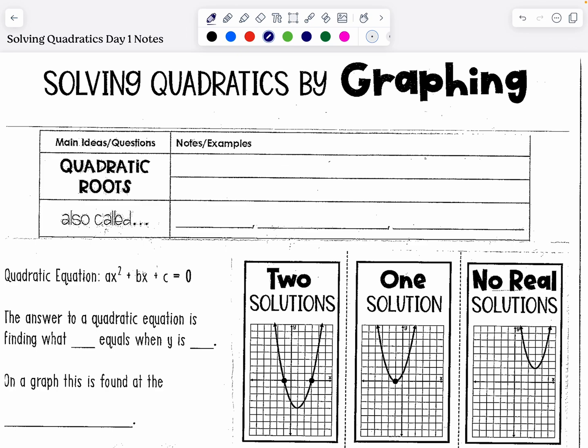All right, a couple things to go over first. Quadratic roots. This is what we call answers to a quadratic. Quadratic roots are the points at which the parabola intersects the x-axis. Remember, a parabola is the graph of a quadratic.